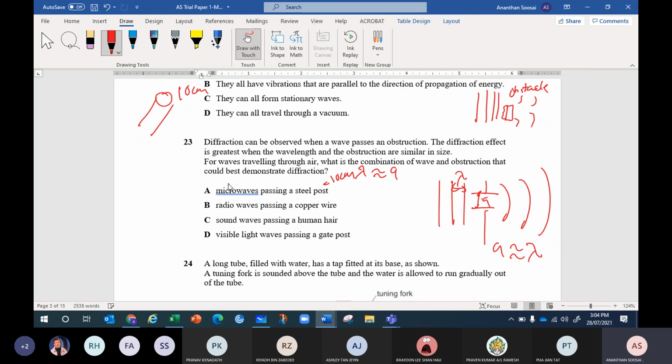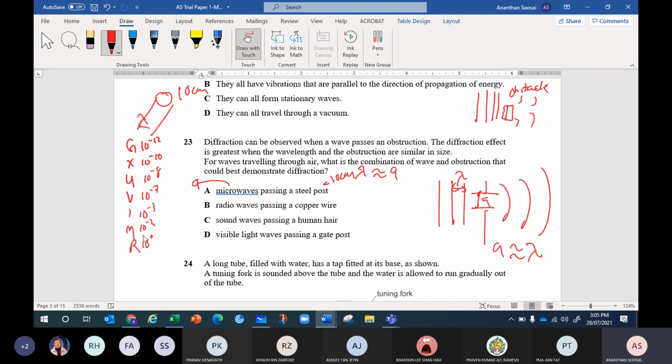Okay, so microwave, do you know the wavelength of the microwave? You have to know it. What is the wavelength of all the EM radiation? So recall back. Gamma starts with what? 10 power of negative 12 meter, negative 10, negative 8, visible is negative 7, infrared negative 3, negative 2, 0.